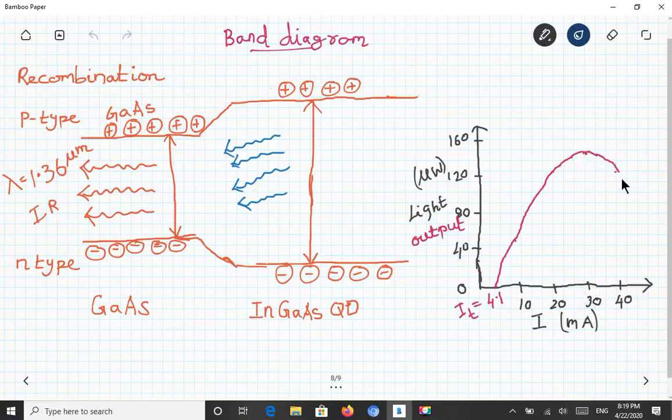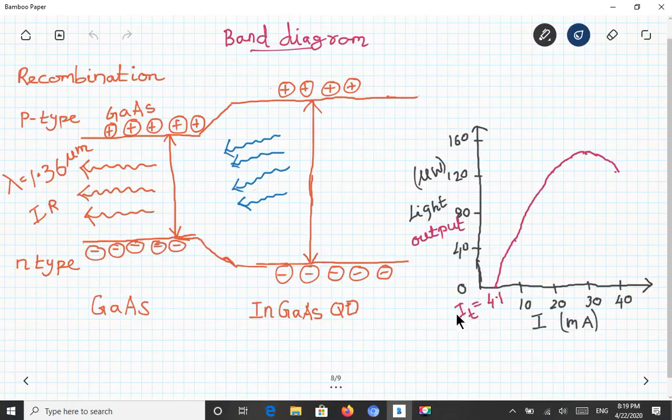After that it will start to decrease. This is the band diagram, and recombination is the principle behind the laser. These two are the active medium, and this is the graph between the current and the light output.